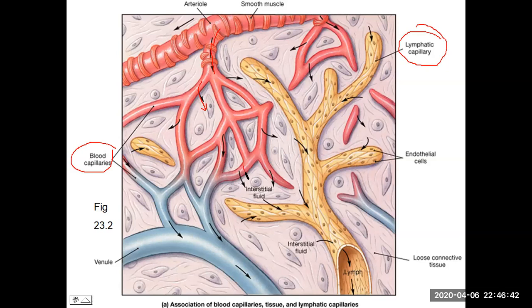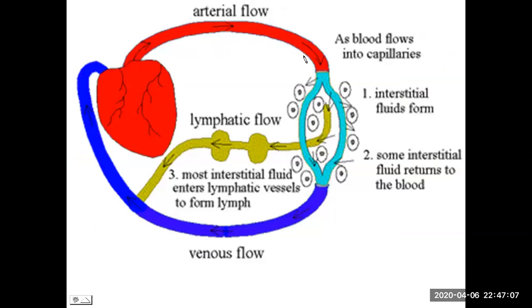So as that fluid plasma leaves, it's now known as interstitial fluid, directly within the tissue surrounding the cells. The majority of this interstitial fluid gets pulled into a lymphatic capillary. And now we have the production of this fluid called lymph. And now ultimately this lymph will circulate.